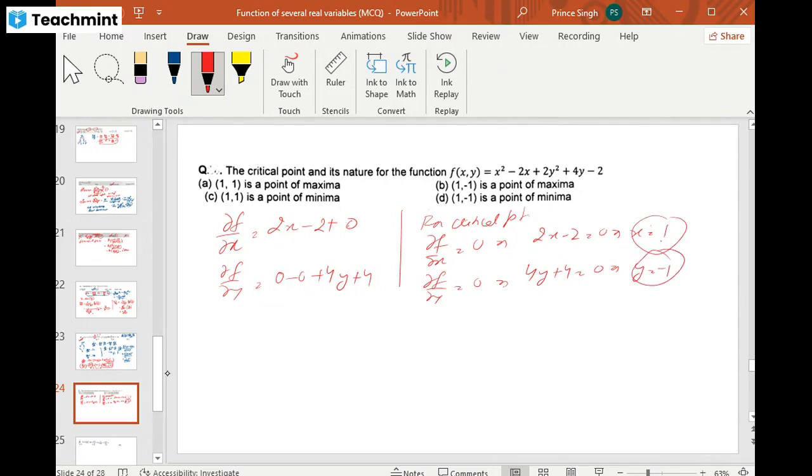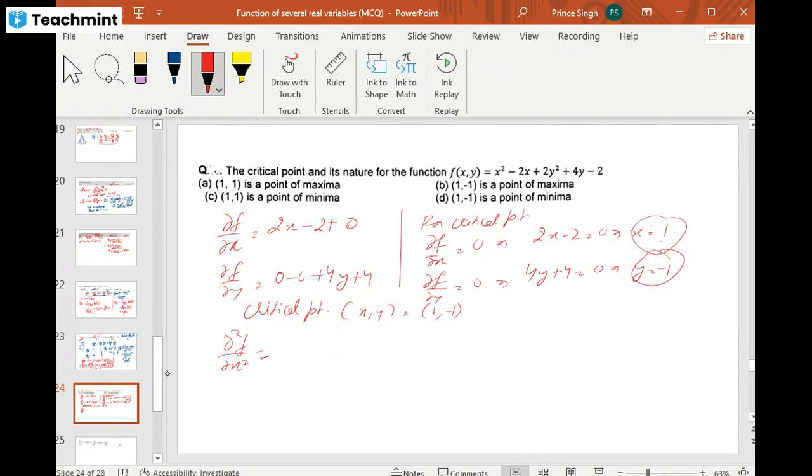So what is the critical point? (x, y) is (1, minus 1). Now for the condition of maxima and minima, we need to find the second order derivative.